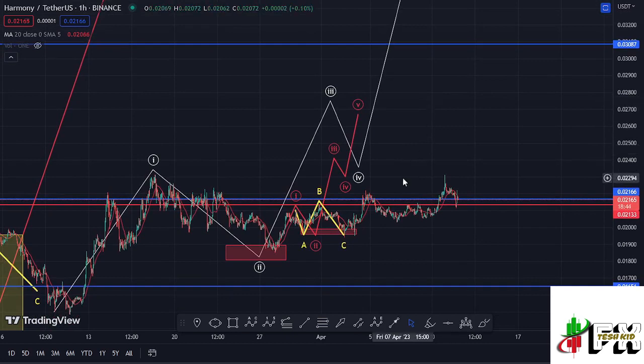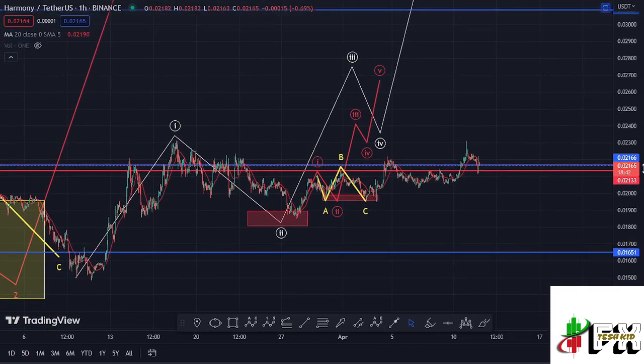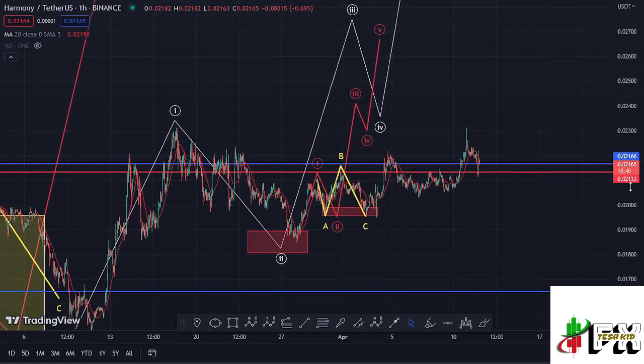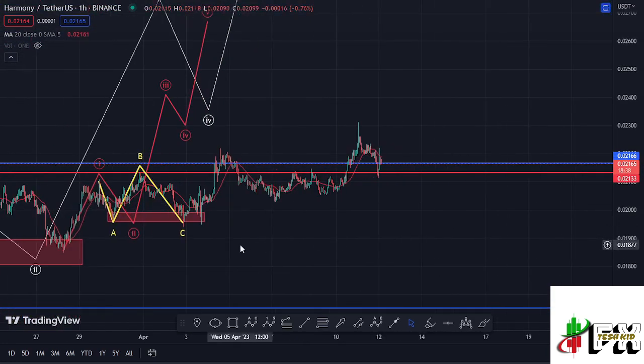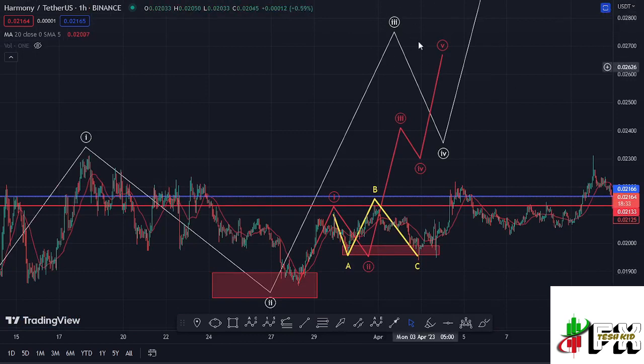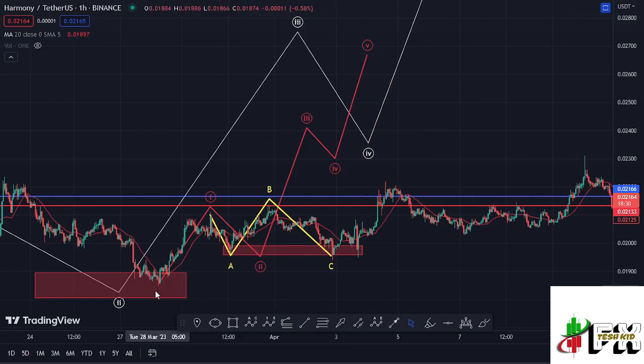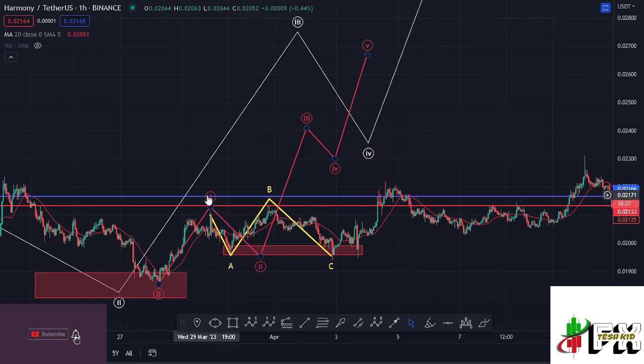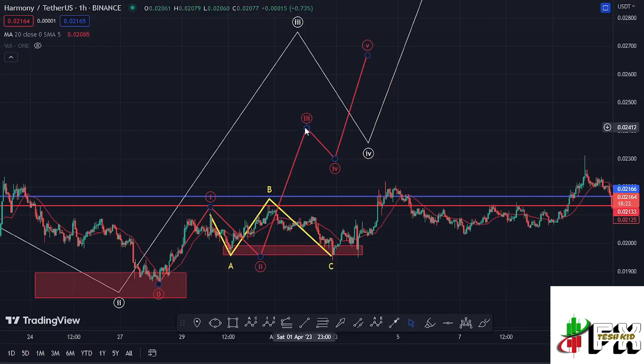And since we are in the formation of the wave 3, which is also impulsive, and because of its impulsive nature, we also expect to see another micro Elliot wave count within the formation of this wave 3. You can now see that I have this Elliot wave structure in red, where we have peaked in that first wave, seen a wave 2, and now the primary scenario is that we are seeing the formation of this wave 3.